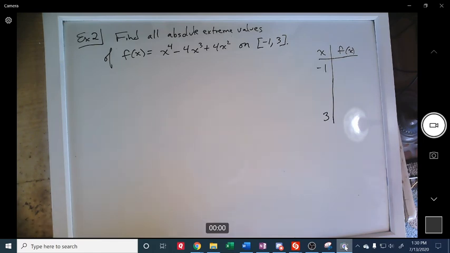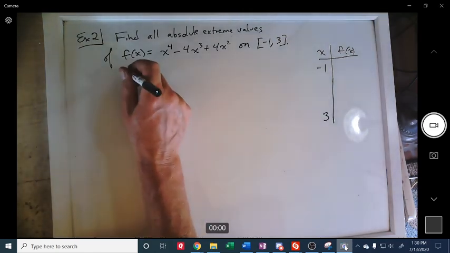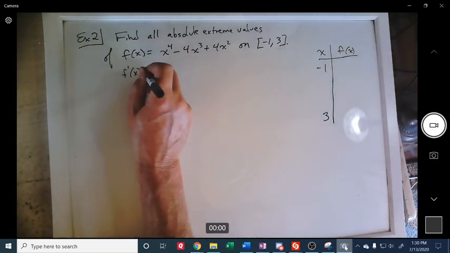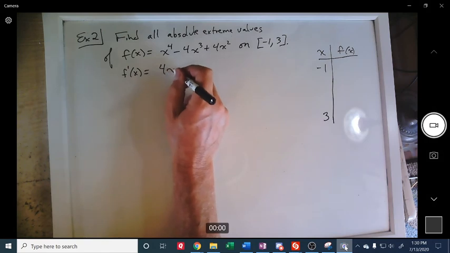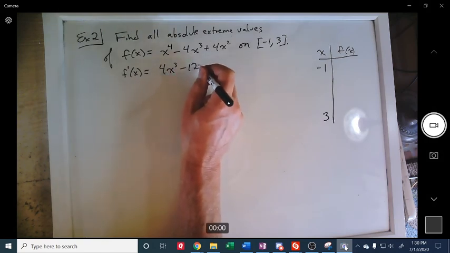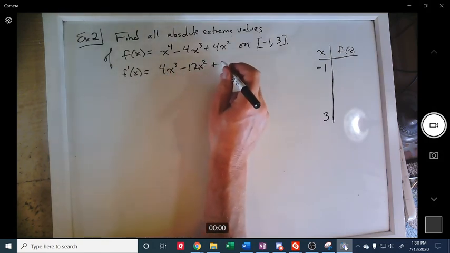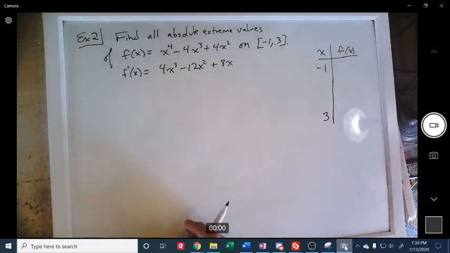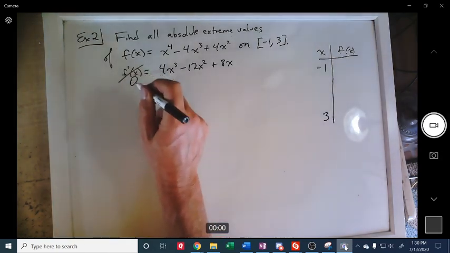So I must take the derivative and then set the derivative equal to 0.